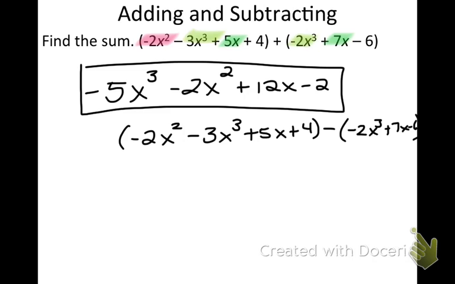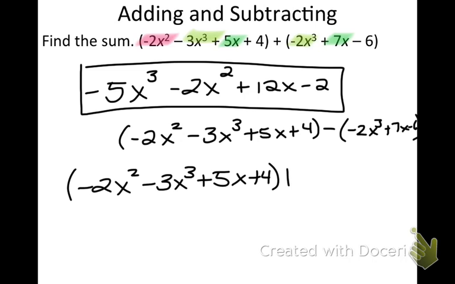Remember, if you subtract, 1 minus 2 is the same as 1 plus a negative 2. It's not the same as negative 1 plus negative 2, right? So if we flip it, negative 2x squared minus 3x third plus 5x plus 4 plus, then it becomes a positive 2x to the third minus 7x plus 6. Now I can add them.